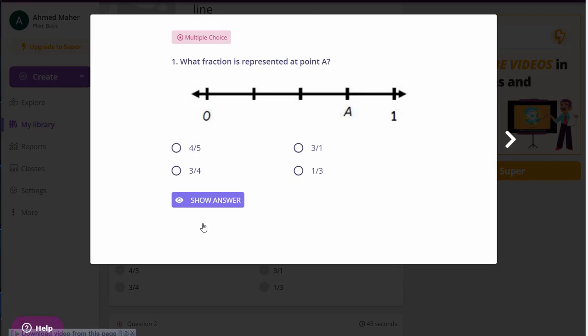Now we will start solving, and we start with the first question. The first question, Al-Hajji. Yes, teacher. What fraction is represented at point A?